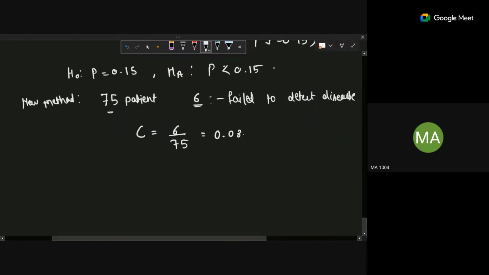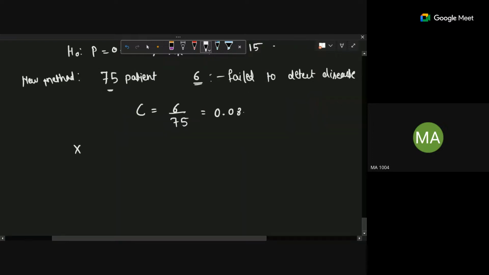Now, we know that we are taking 75 patients. So that means, let's say, my x1 to x75 will be there. Let's say x is a random variable which says whether the machine has detected the disease or not detected the disease.